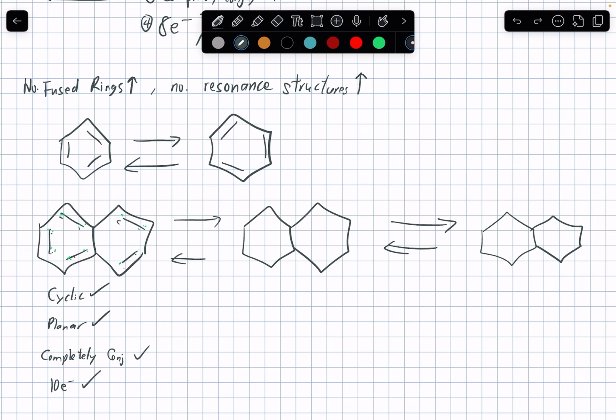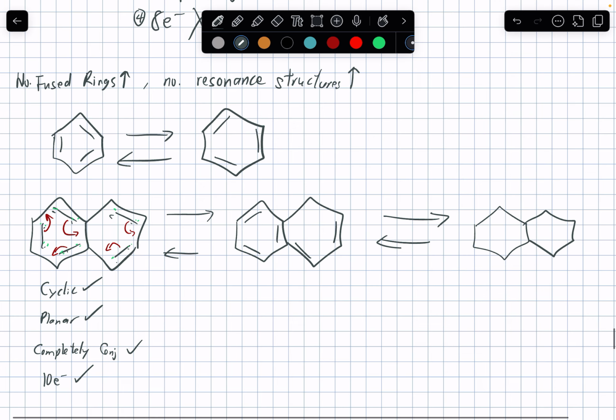So when we draw resonance, after drawing the original image, let's just show arrows. Okay, that's one of them. And then we shift one more time, the same direction.